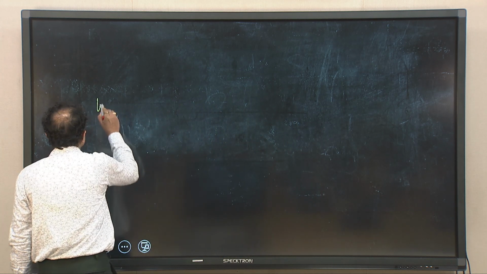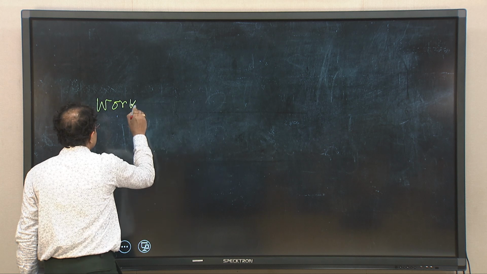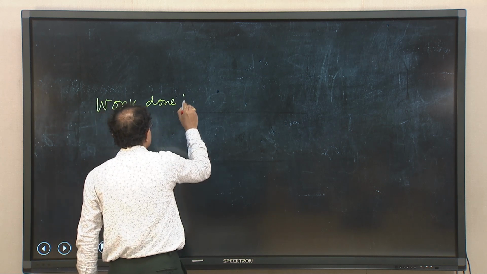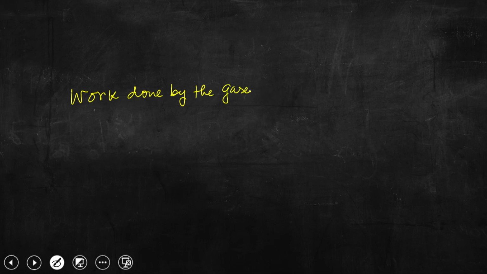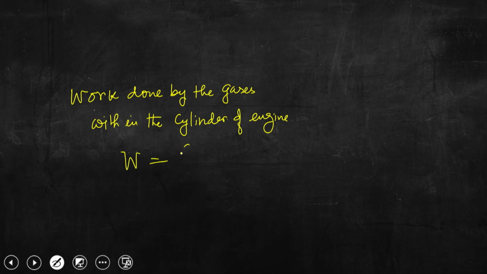So, if I write, work done by the gases within the cylinder of the engine is W, and that is equal to the cyclic integral of F dx.